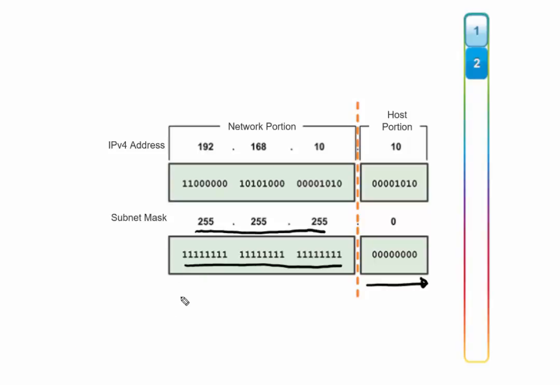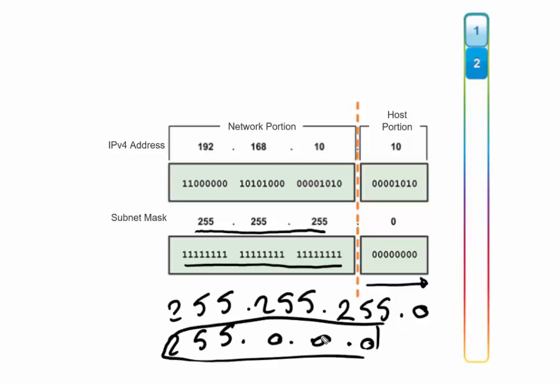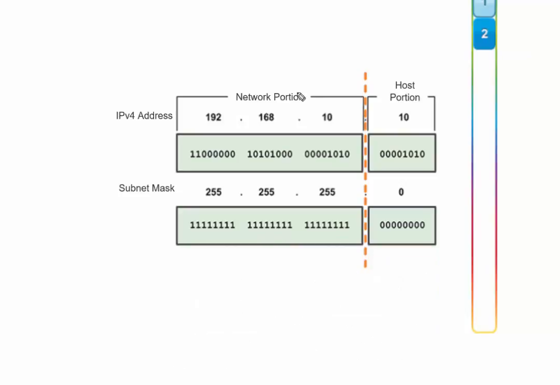So for example, 255.255.255.0, that's a subnet mask. If we put 255.0.0.0, that's also a valid subnet mask. If we put 255.240.0.0, for example, as we will see later, this is also a valid subnet mask, and so on.